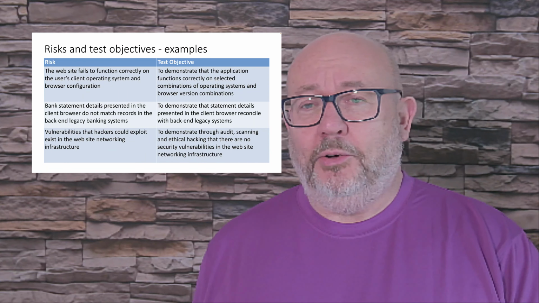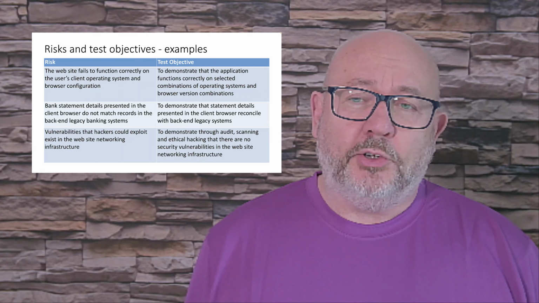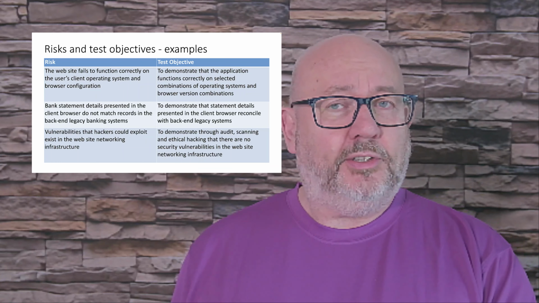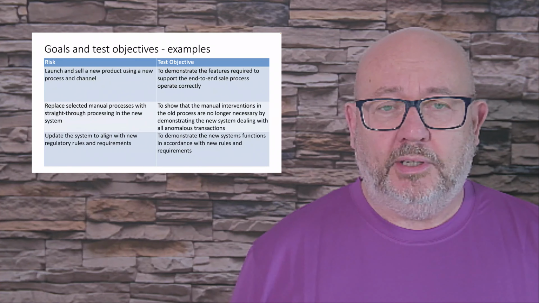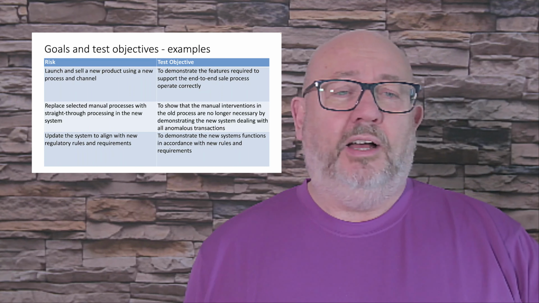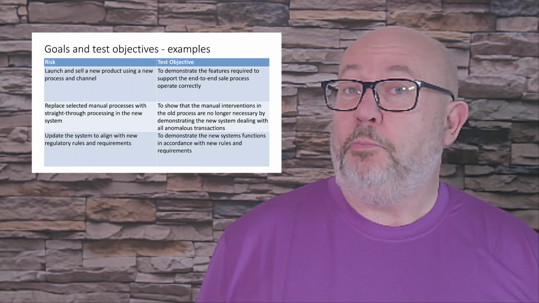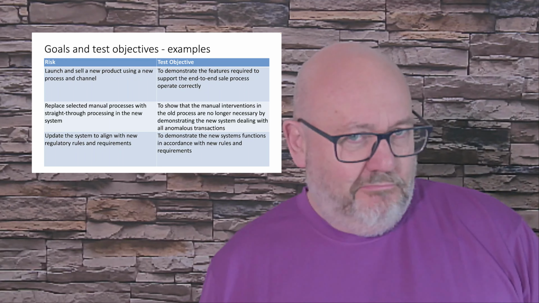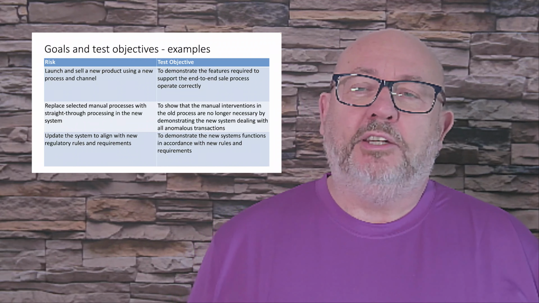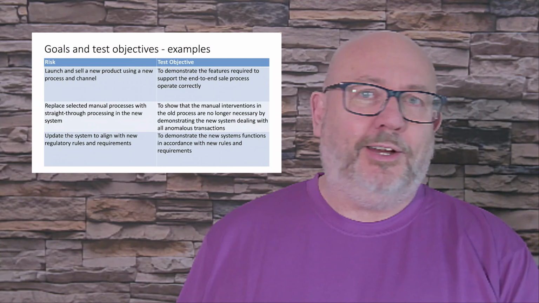Now, you recall this page in the risk-based testing video. I talked about risks and using the same language to generate a test objective. It's very similar with the goals. With goals, the goal might be to launch and sell a new product using a new process and channel, let's say. So the objective reasonably could be something like to demonstrate the features required to support the end-to-end sales process operate correctly.